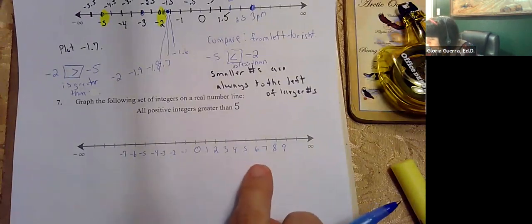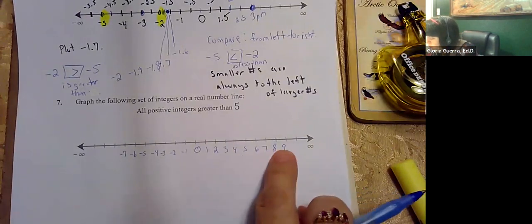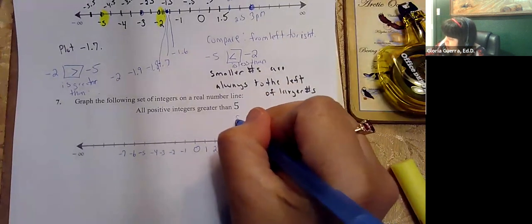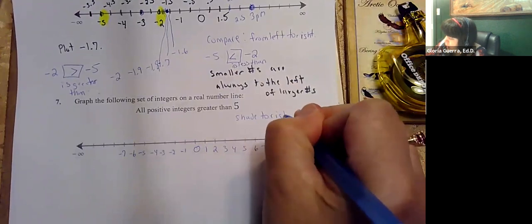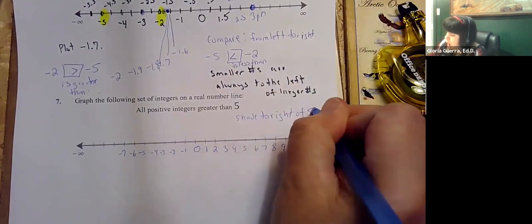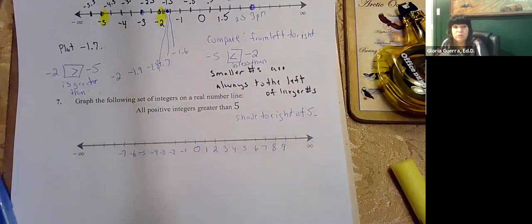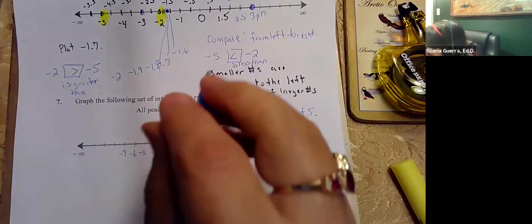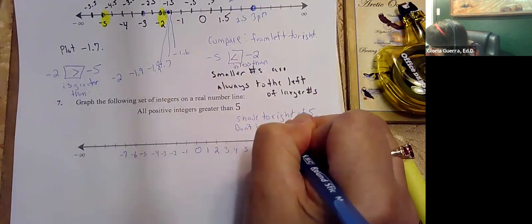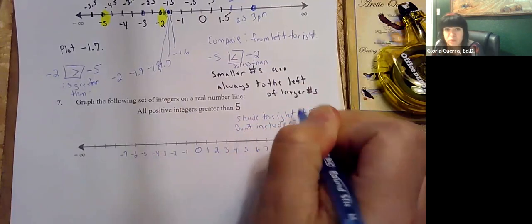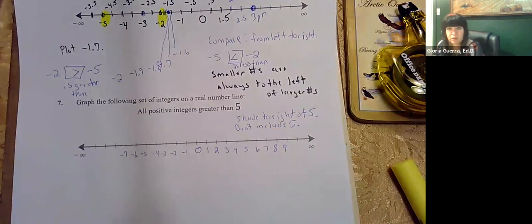Okay, so we want to shade to the right of 5, greater than 5, and don't include the 5. It is not a greater than or equal to. It is a greater than. So don't include the 5.